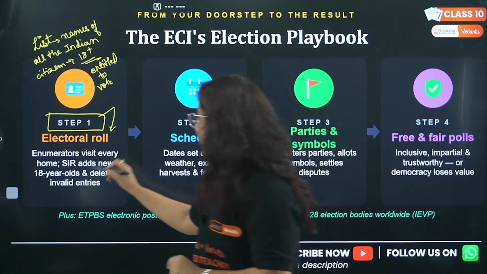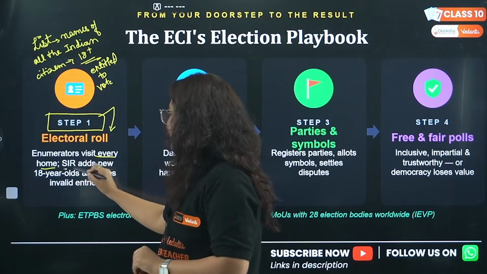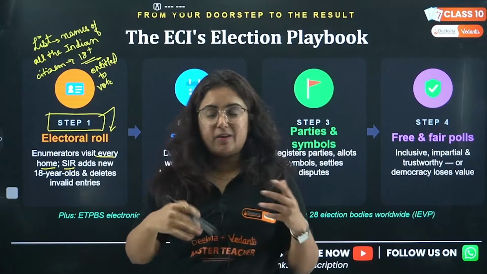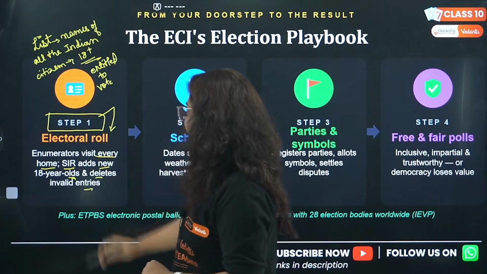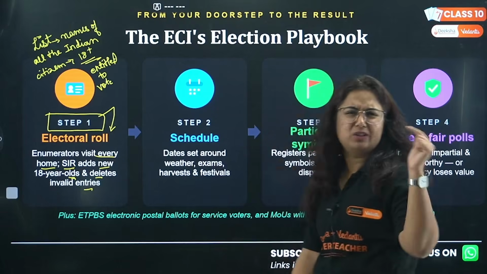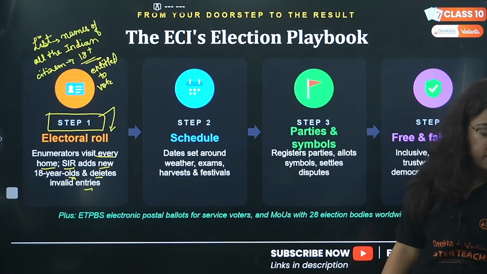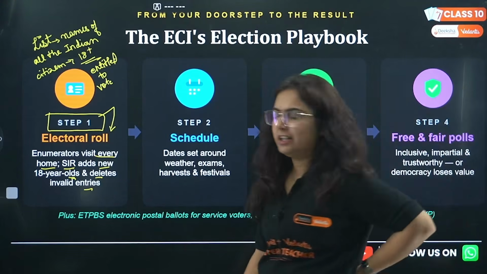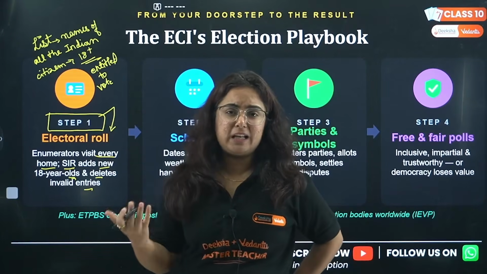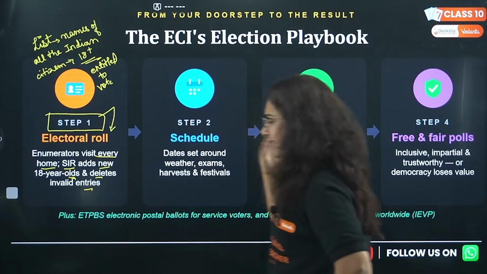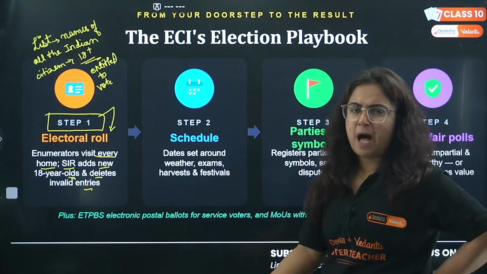So enumerators visit every home. SIR, the Special Intensive Revision, is the revised roll that adds new 18-year-olds and deletes invalid entries. Recently when the Bengal elections were organized, there were a lot of clashes regarding this SIR, the list of electoral rolls. That happens in elections.